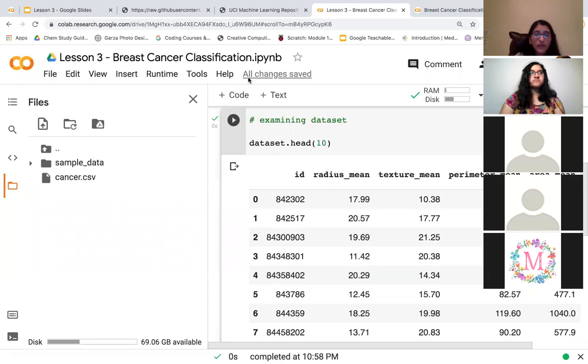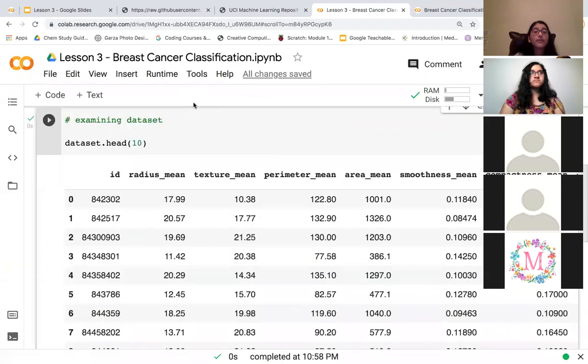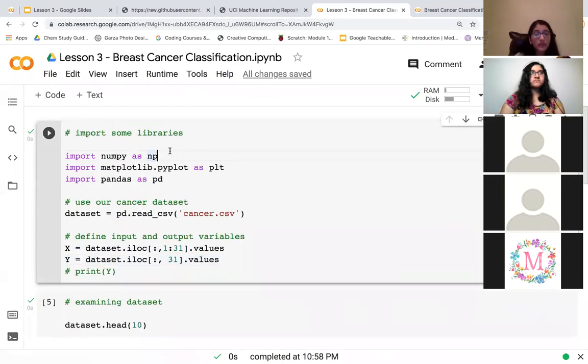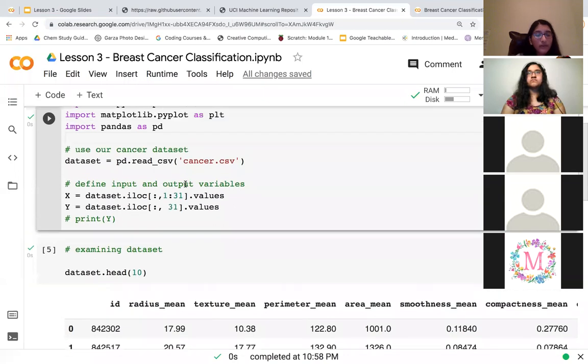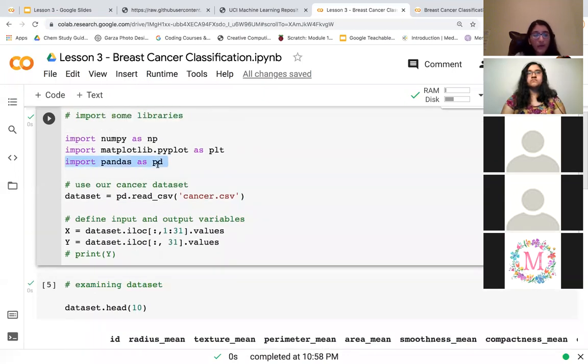Okay, should we import libraries for this? Yes, that's a great question. For any machine learning project, these are the main libraries that you want to import. You want to put these 3 lines at the top of machine learning projects, just because it's standard practice that you're going to be using these libraries later on in the code. Today we only used this pandas library, right?